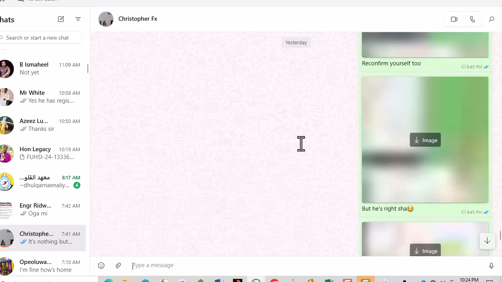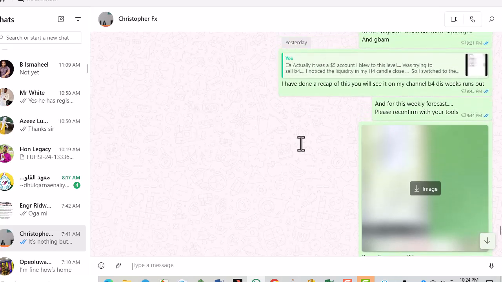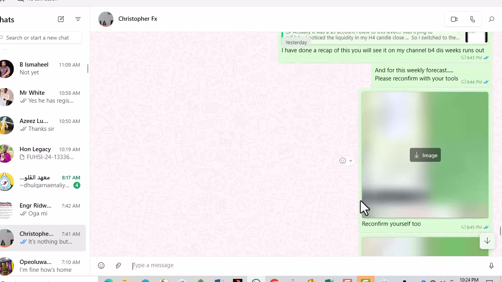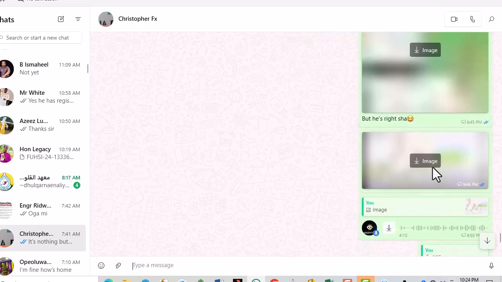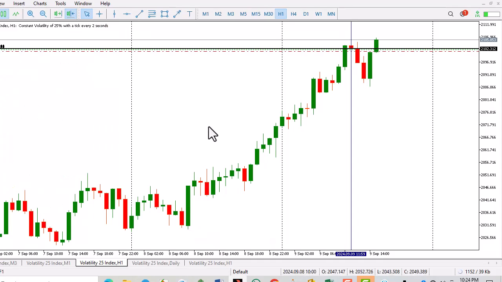So I told them we are bullish yesterday. I showed them we are bullish on this chart here, but let me show you the setup here. So now look at it here. I've seen my power of three.